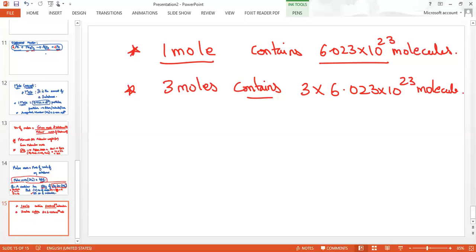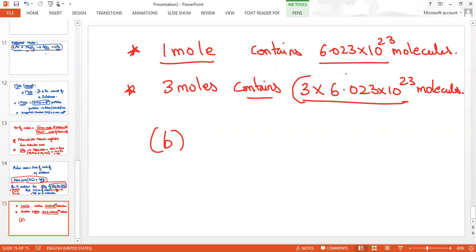So the answer for the second part of the question is 3 into 6.023 into 10 to the power 23 molecules. You can leave it here only.